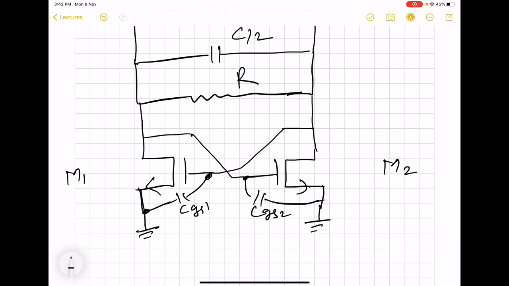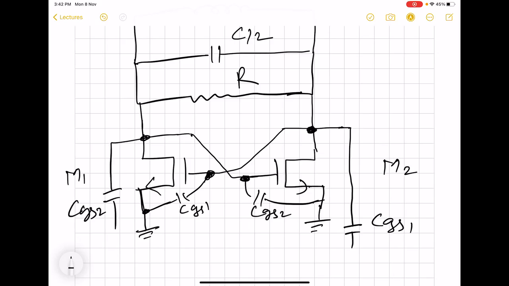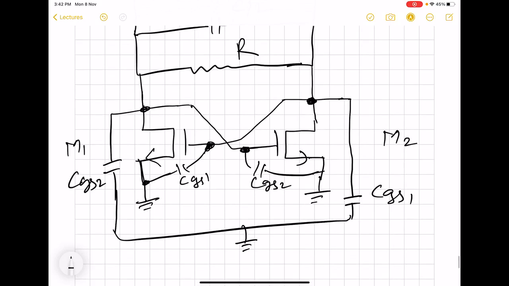So this CGS1 is basically connected here to the gate 1, or to the drain 2. And CGS2 is connected to gate 2, that means to the drain 1. So we have CGS2, and both are connected to ground, and this ground is a common like this. So we can now remove this connection from here and retain what we have shown right now.